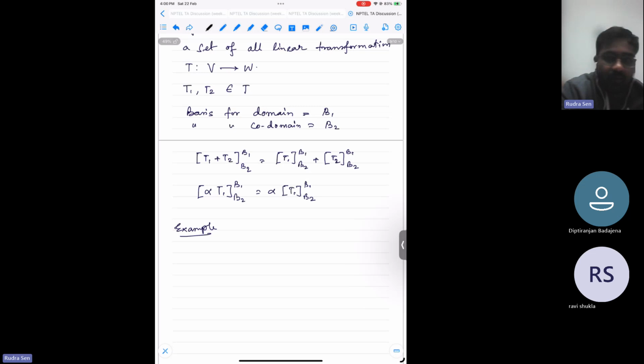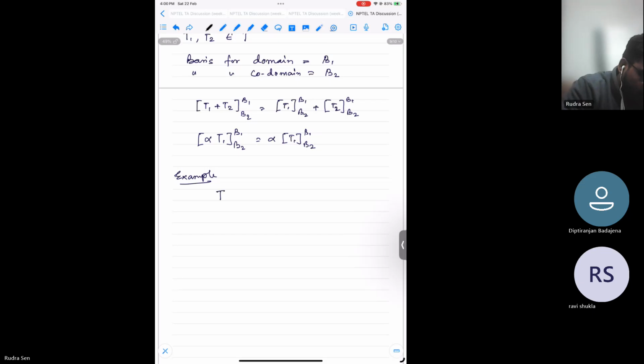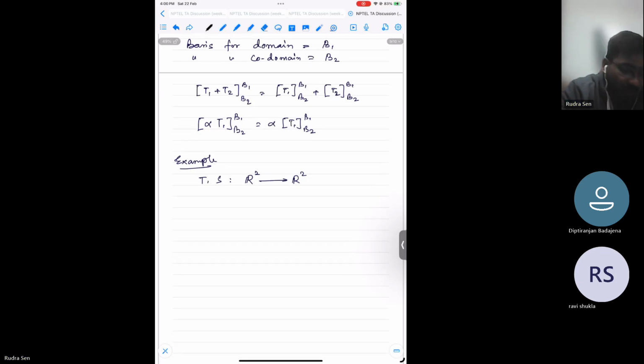So the example says there are two transformations T and S from R2 to R2. T of (x, y) is defined as (2x, 3y).